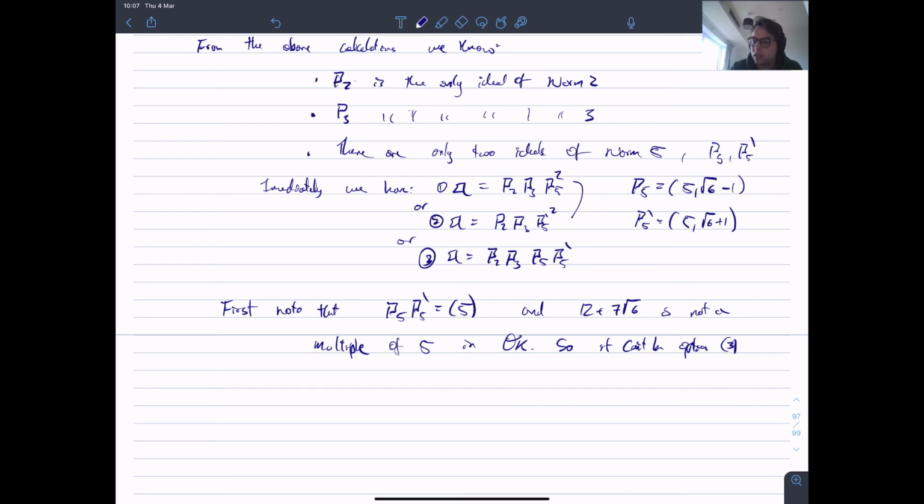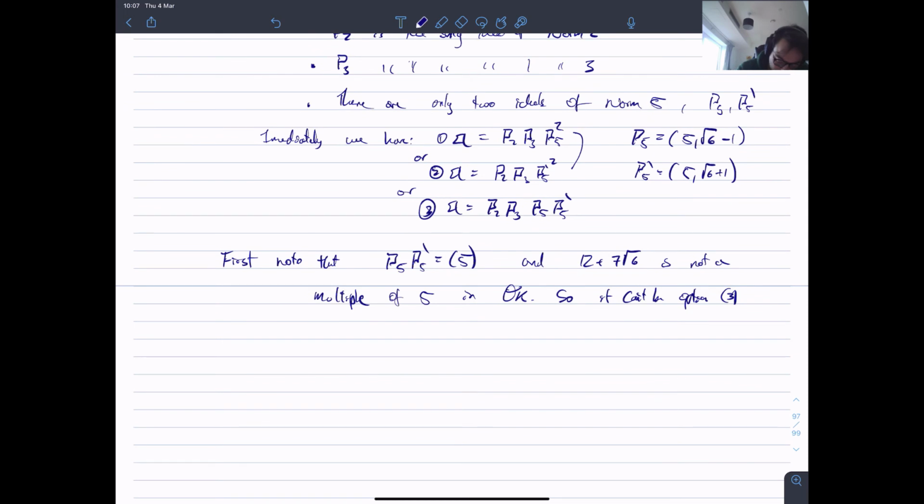These were our two things. Here are my generators. I'm going to figure out which of these generators are inside of my ideal generated by 12 plus 7 root 6 and 5.